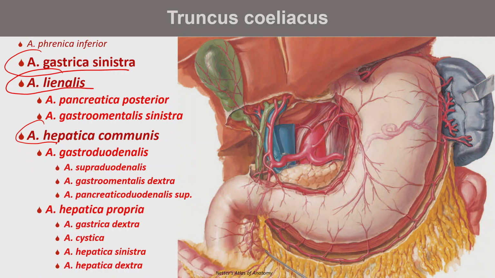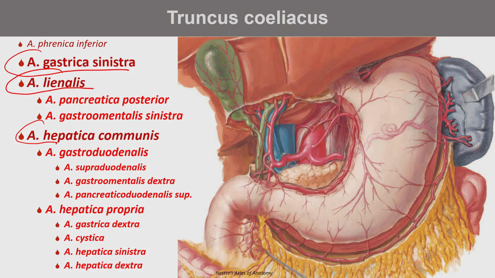The general pattern seen here is found in about 60% of all cases, but in about 25% the supply of the abdominal organs could be a little bit different, because there is a very large variability in the segmentation of those arteries.